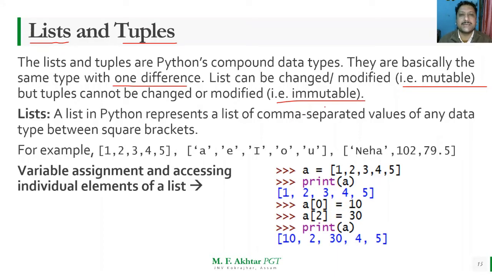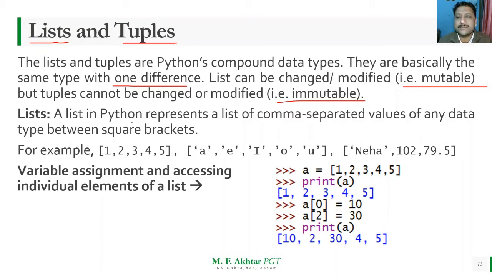Tuples are like strings. We can put values there, but we cannot change the individual values. But in a list it is possible. It is a mutable data type, and if we want to change an individual element in a list, we can do it. It is possible in a list, but in a tuple it is not possible.